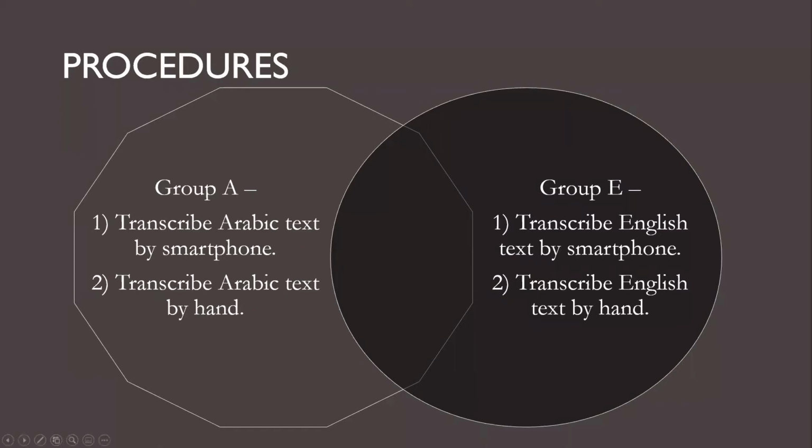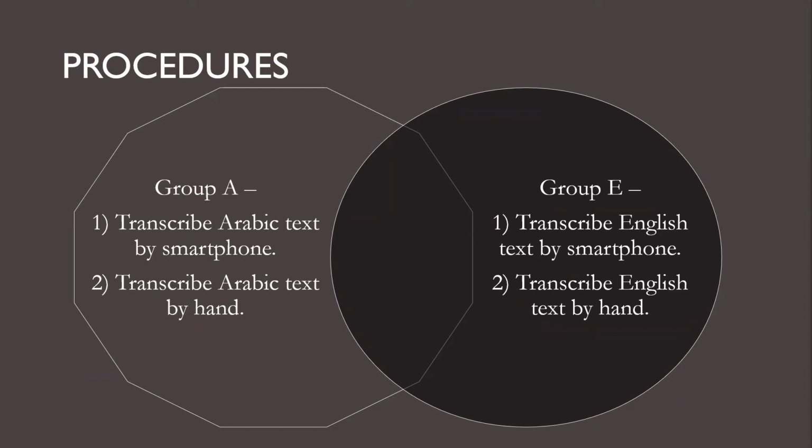As far as the procedures are concerned, we classified the participants into two major groups, Group A and Group E. They were asked, voluntarily of course, to do two main kinds of tasks. The first task was transcribing an Arabic text by smartphone.